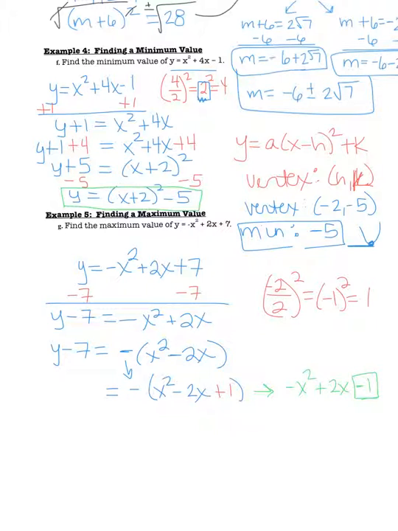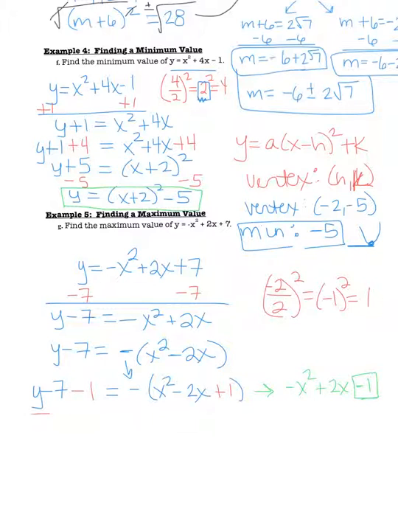So we actually added negative 1 to this side of the equation. So we have to add this negative 1 to this side of the equation. So let's write y minus 7 minus 1.